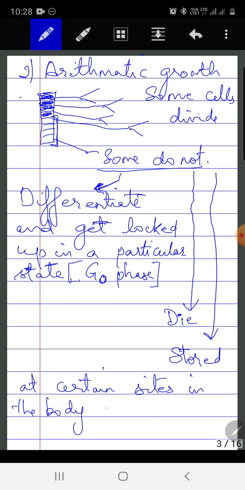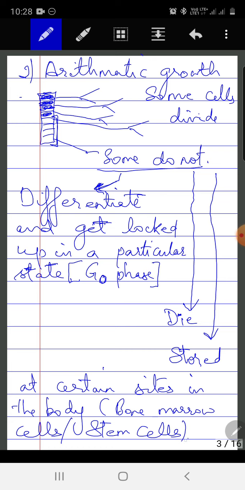Like for example, the bone marrow cells, or simply you can say the stem cells. Now these cells divide periodically, but they do not show a rapid division like this. So this kind of growth is known as arithmetic growth.